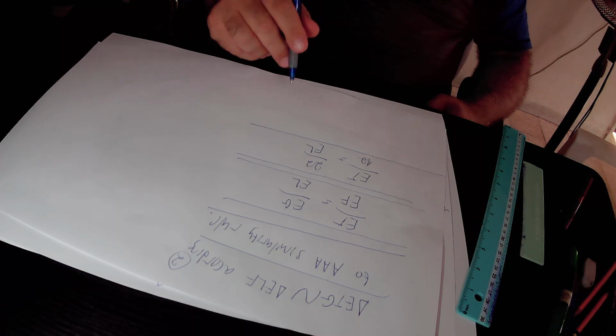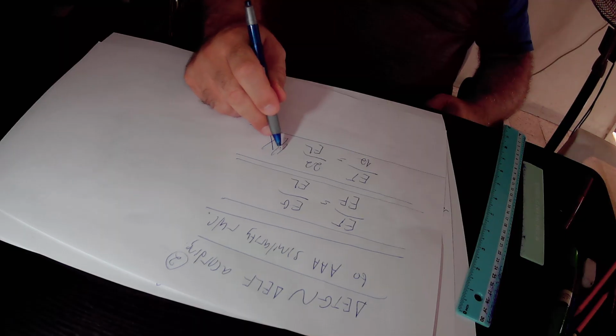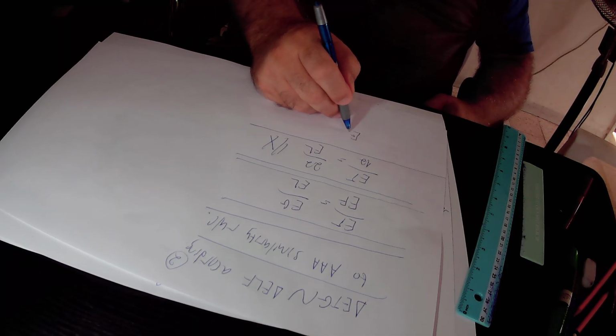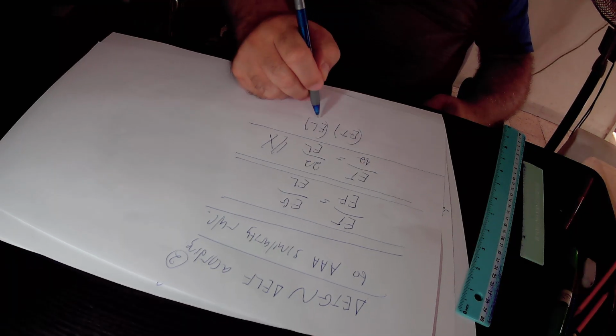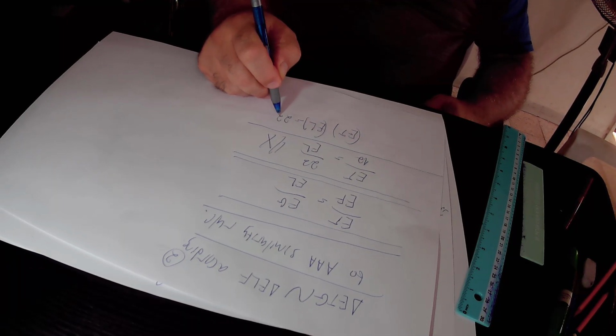Here we'll first cross multiply this equation and we get that ET times EL is equal to 22 times 12.